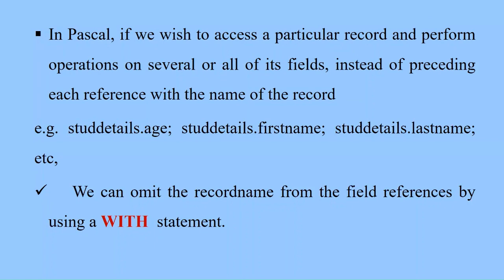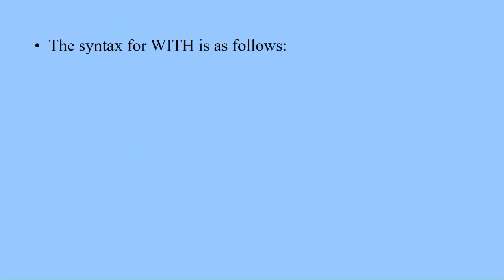As you can see, we are repeating student details.age, student details.first name, student details.last name. So we can avoid that repetition of the record name by using with.